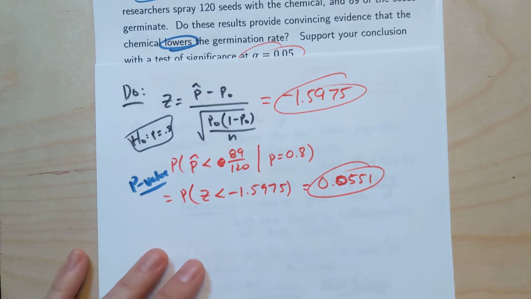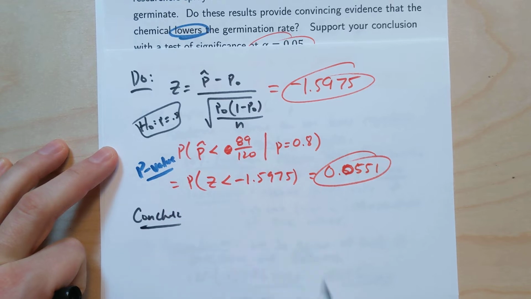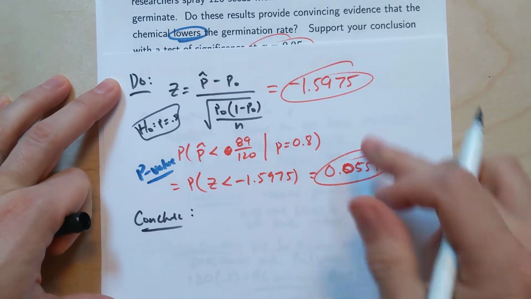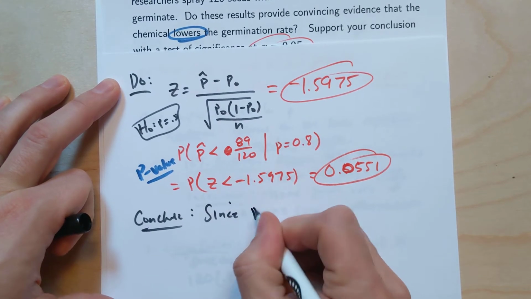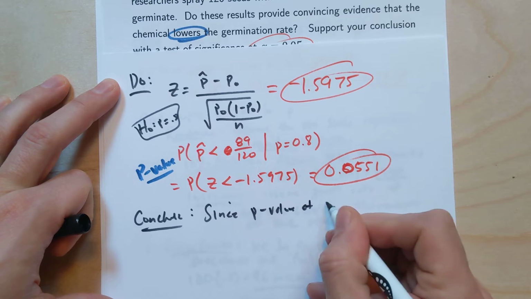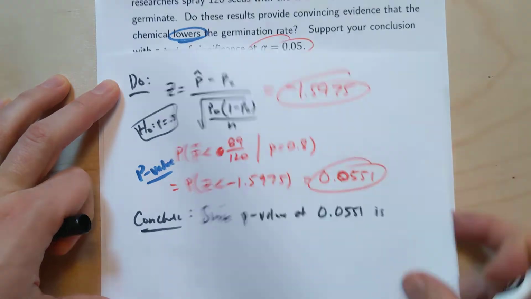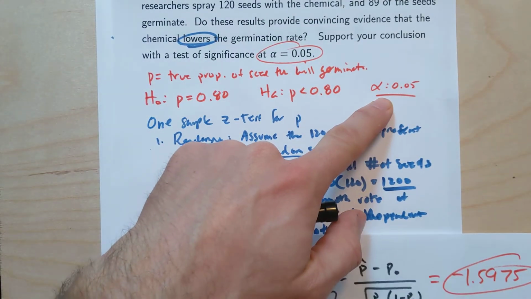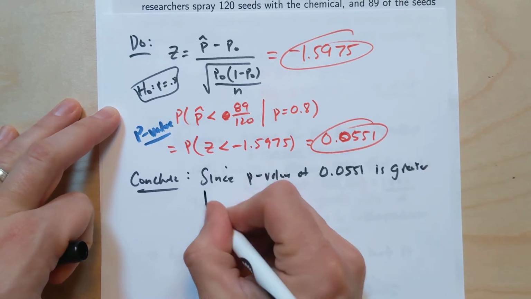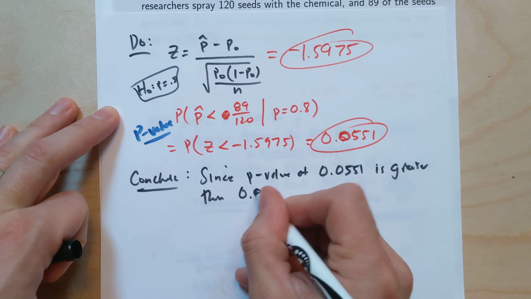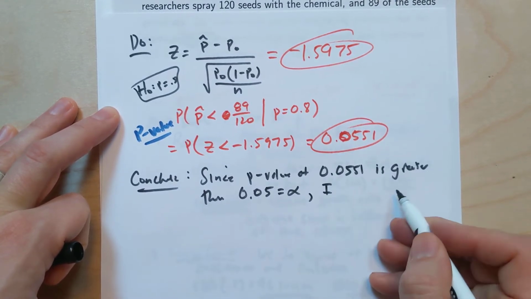Now, the last step is for us to draw a conclusion. Let's conclude the test. The first step is to compare the p-value to our level of significance. Since the p-value of 0.0551 is, remember our level of significance is 0.05, greater than 0.05, which was my alpha, do I reject or fail to reject?